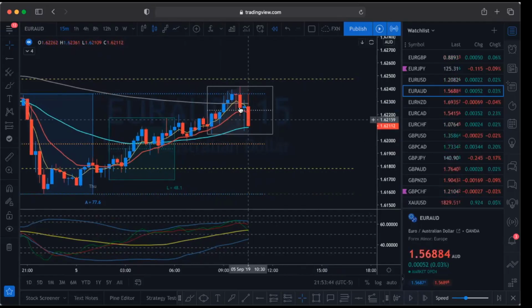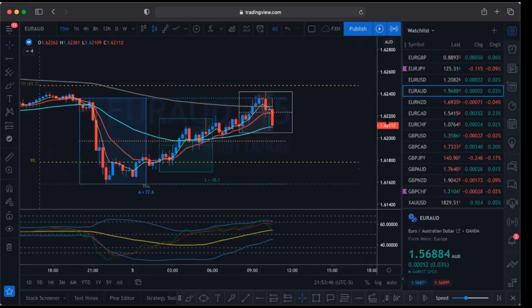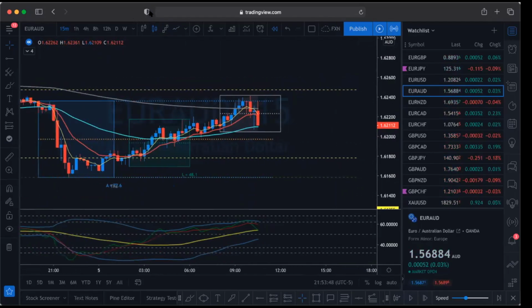Okay. So this right here would be 1. This would be 2, and I'd be looking for a sell here. The problem is that this candle is probably going to be too big to get into that, which is like 15, 16 pips. So you're going to have to get a pullback to get into this.